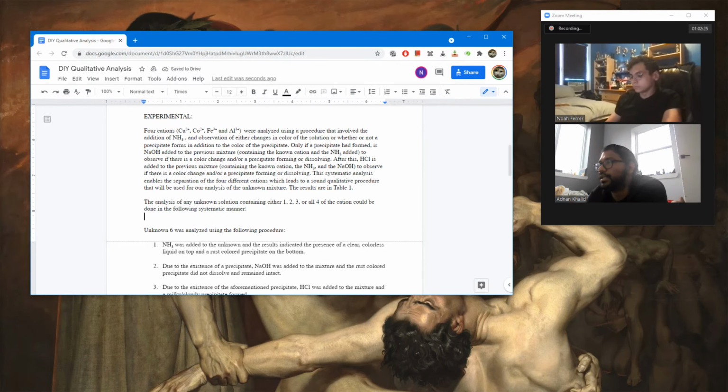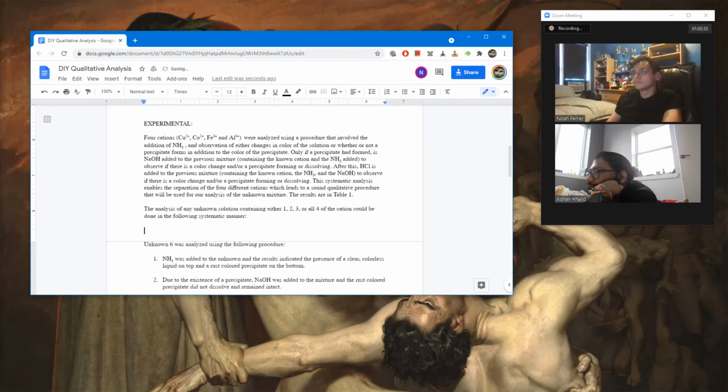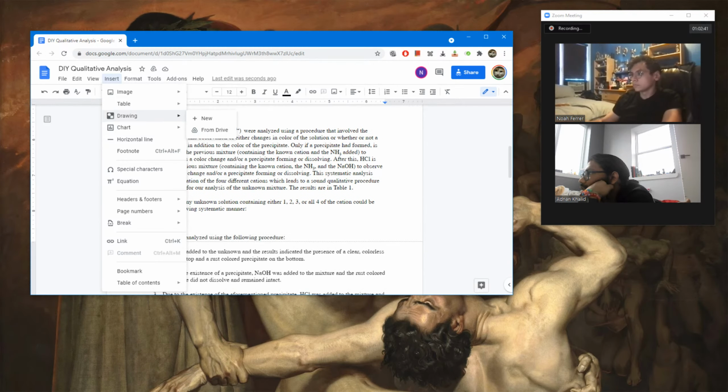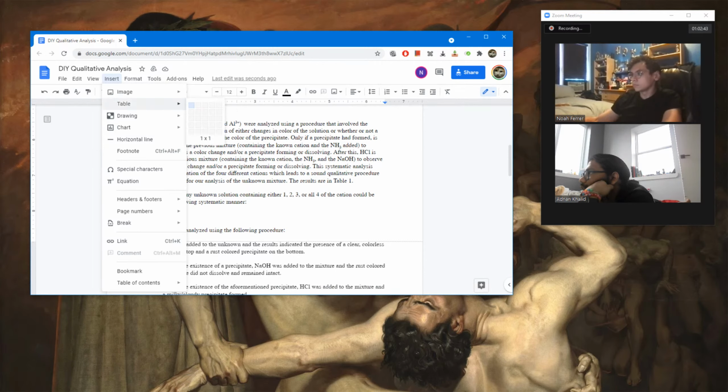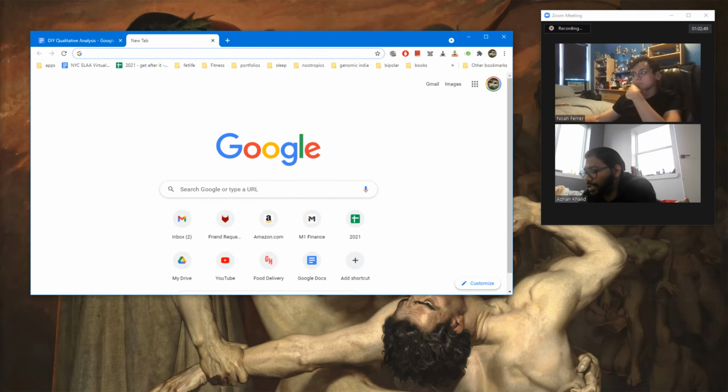I wonder how I can make a logic map kind of thing. Chart, drawing, table, like a flow chart thing. Let's see.